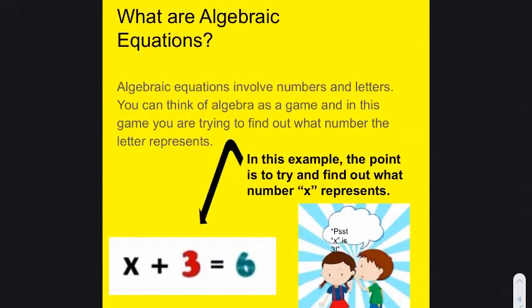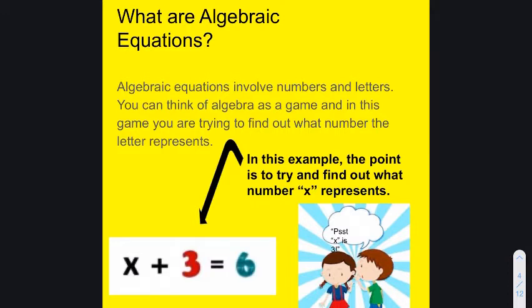Now, let's go a little bit deeper and explain algebraic equations a little bit more. So what are algebraic equations? Algebraic equations involve numbers and letters. So it's like mixing math with language together. We're using the alphabet and numbers. You can think of algebra as a game, and in this game, you're trying to find out what number the letter represents.